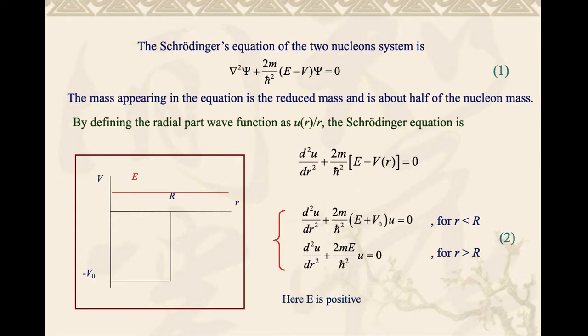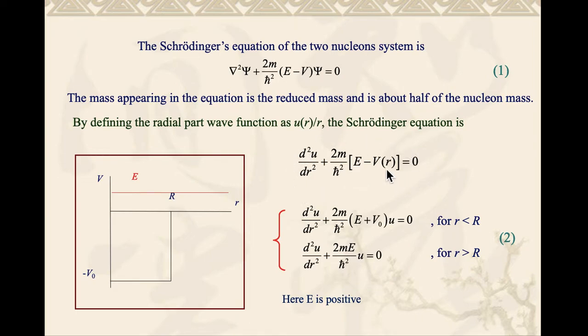You write it as the product of radial part and azimuthal part, and remove the azimuthal part. That we have already done in our neutron discussion. After that, we replace psi with u of r by r, and the Schrodinger equation becomes d square u by dr square plus 2m by h cross square E minus V of r into u is equal to 0.